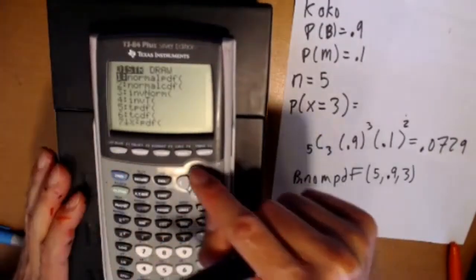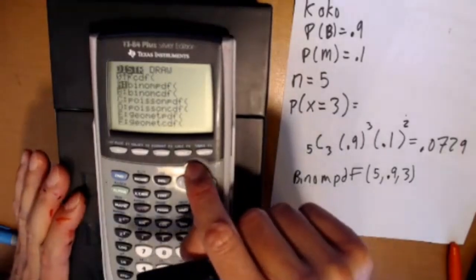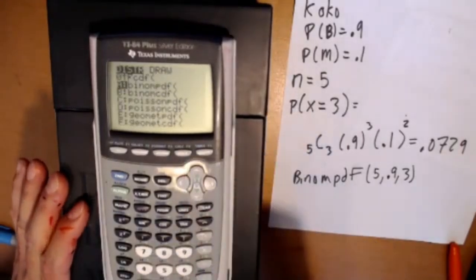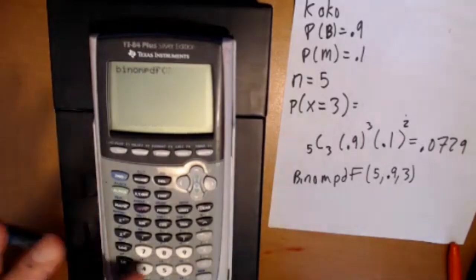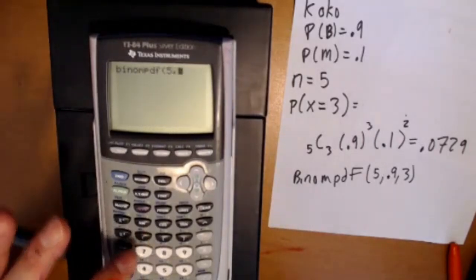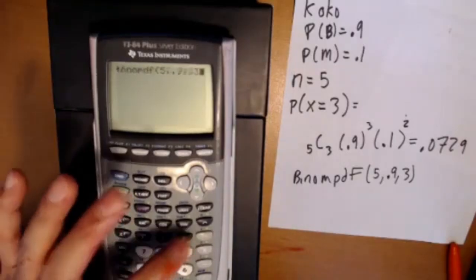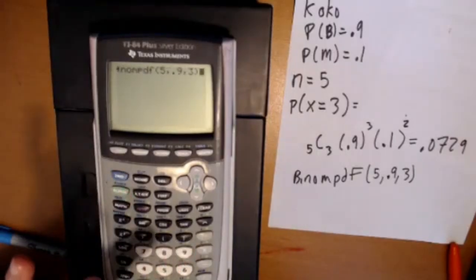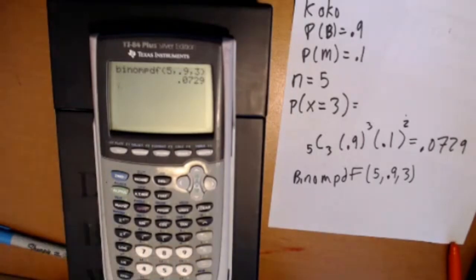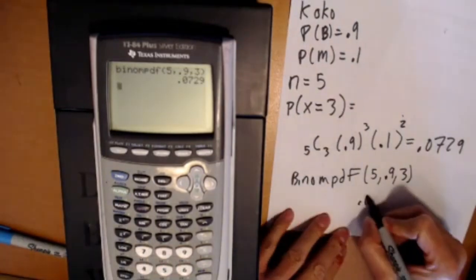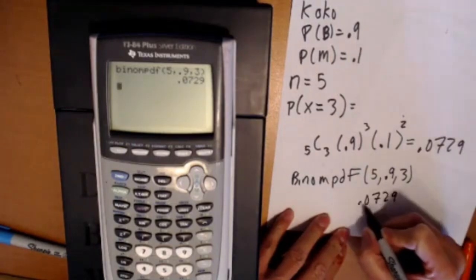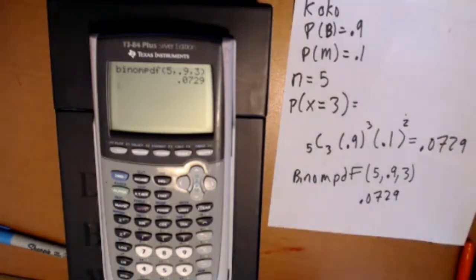Distribution. Sneaky way. Binom PDF. Enter. 5, comma, 0.9, comma, 3, end parenthesis. Please work. Oh yeah. 0.0729.